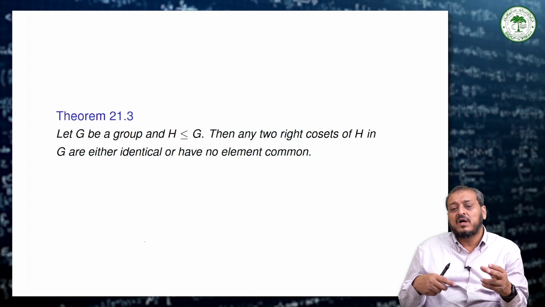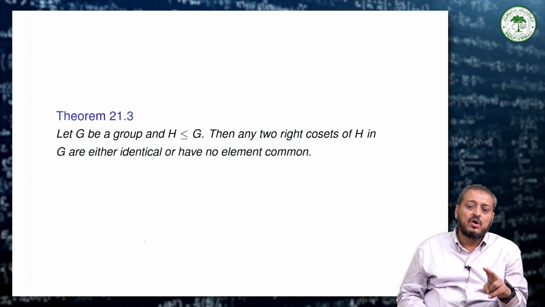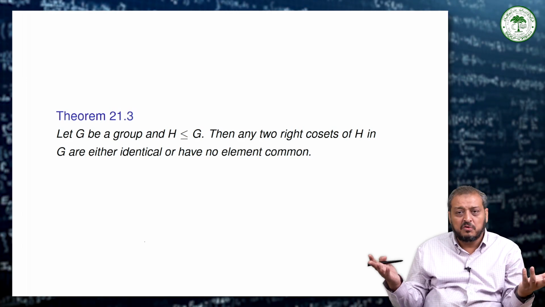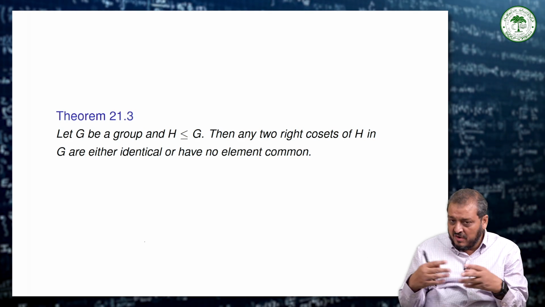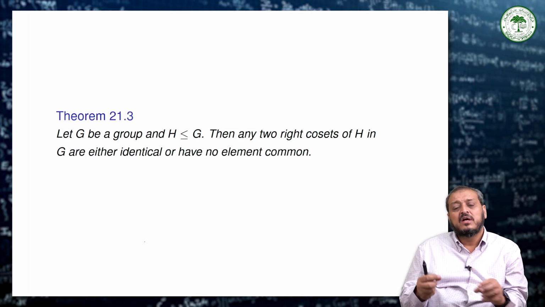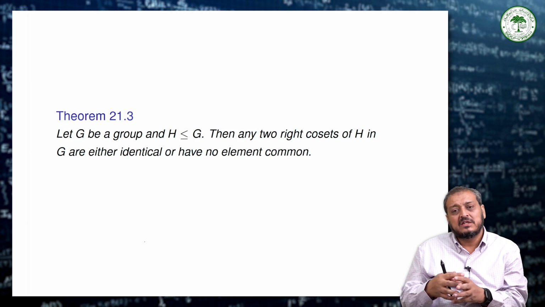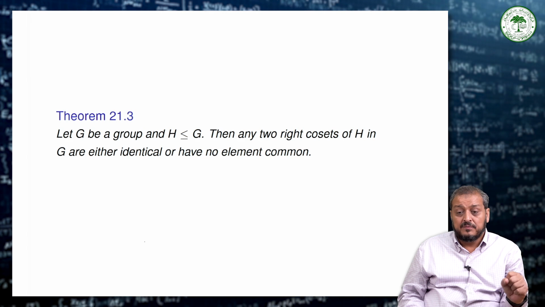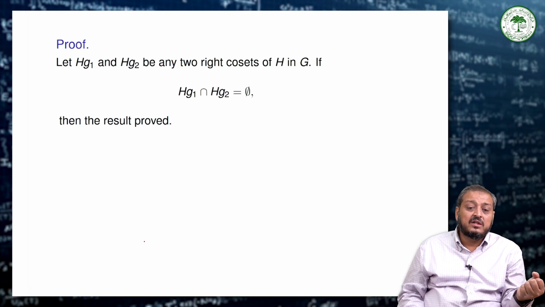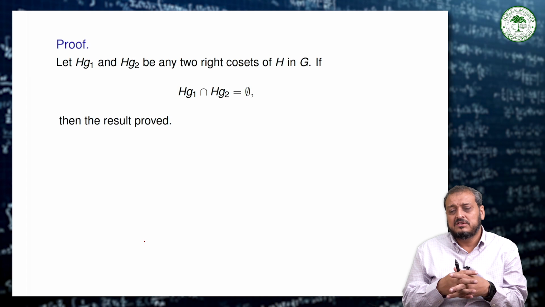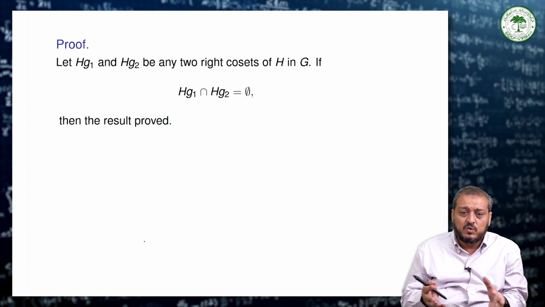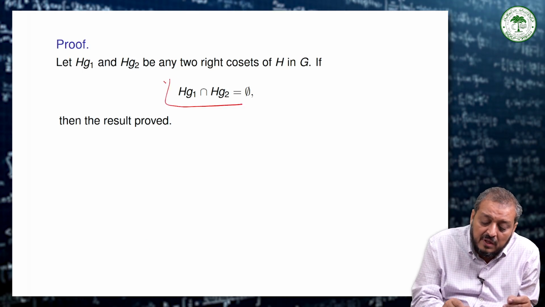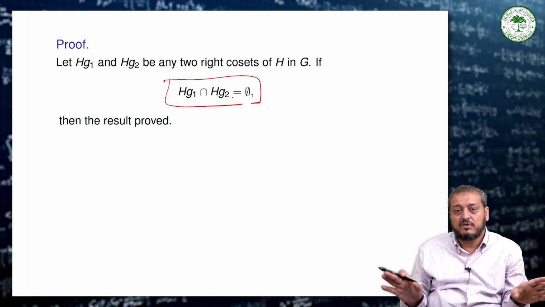So we have to prove two things. If any two right cosets are the same, then we have nothing to prove. Now the other way: let Hg1 and Hg2 be any two right cosets of H. If their intersection is empty, then the result is proved, and we have nothing to do.